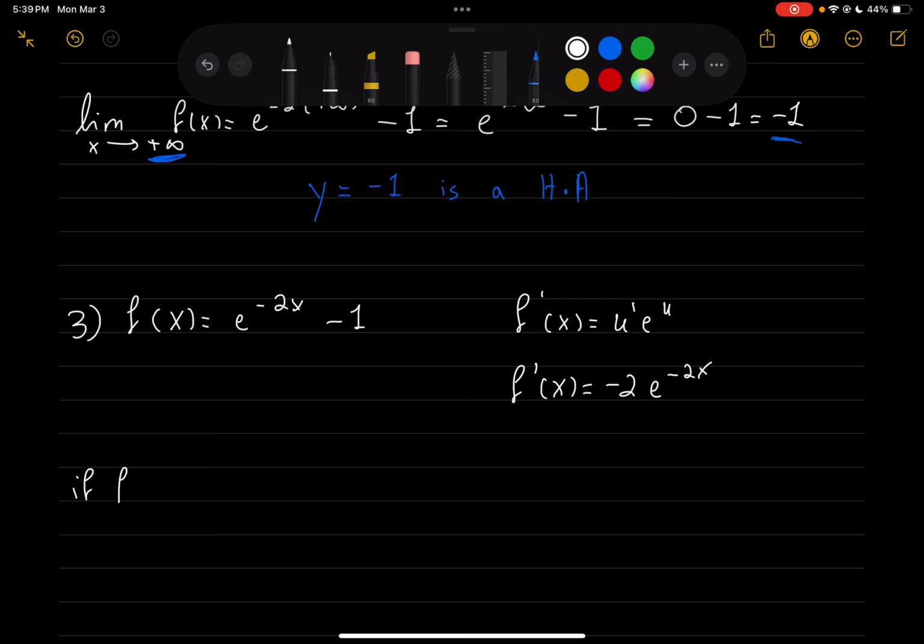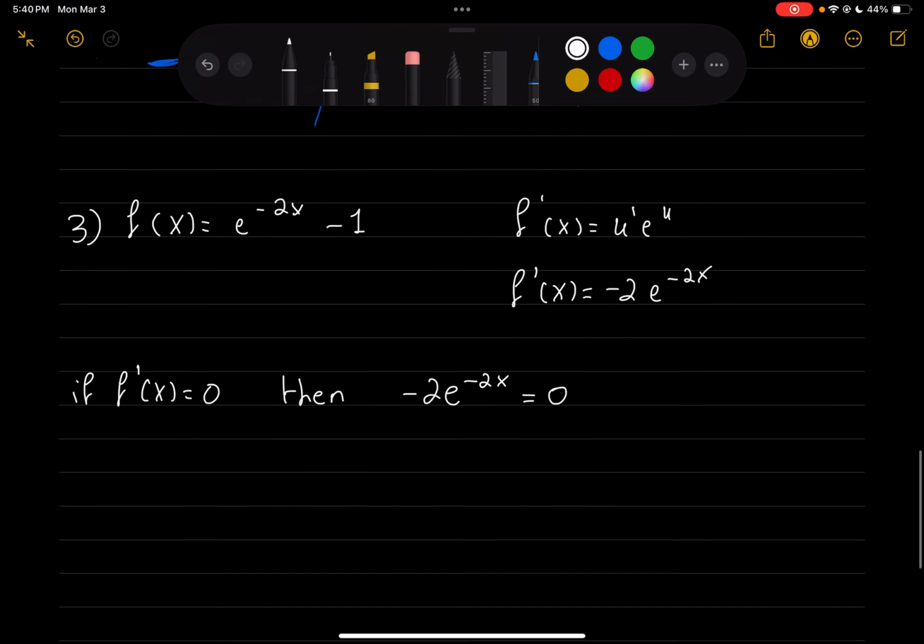If f prime of x is equal to 0, then negative 2 e to the power of negative 2x should be equal to 0. So the only way for this to be equal to 0 is if e to the power of negative 2x is going to be equal to 0, because if you divide by negative 2 on both sides, you're going to have that e to the power of negative 2x is supposed to be 0. But this is impossible, because e to the power of anything is always positive.